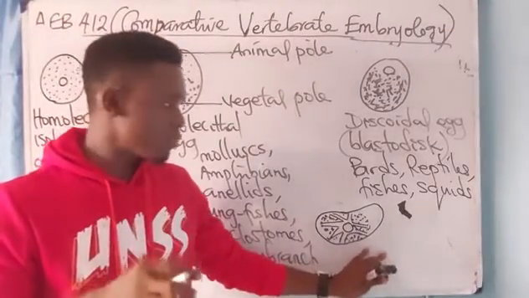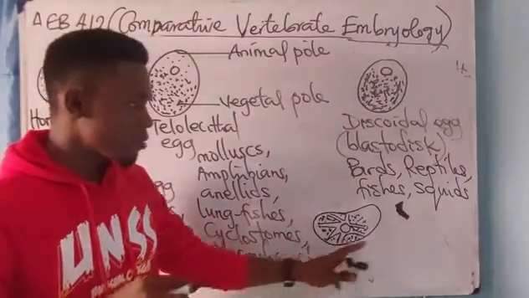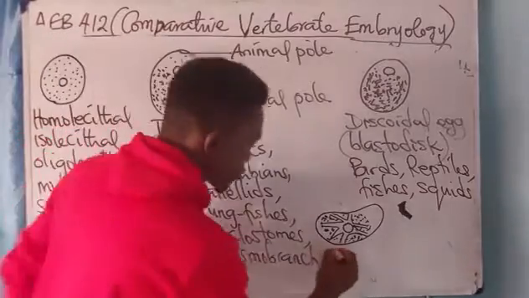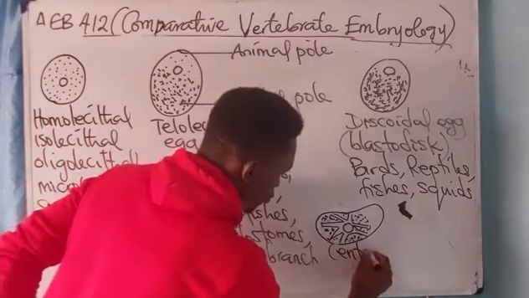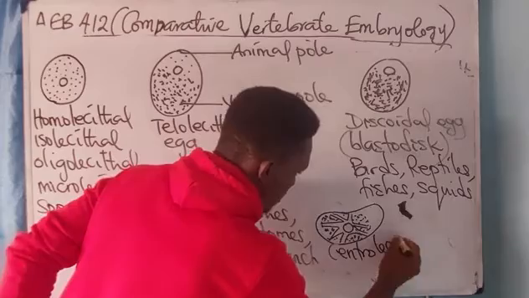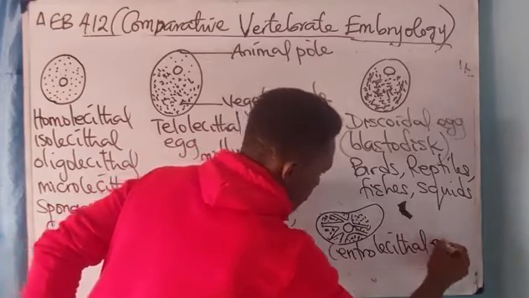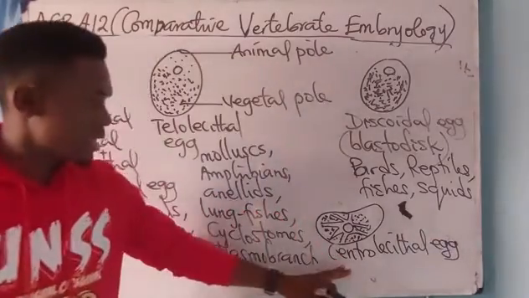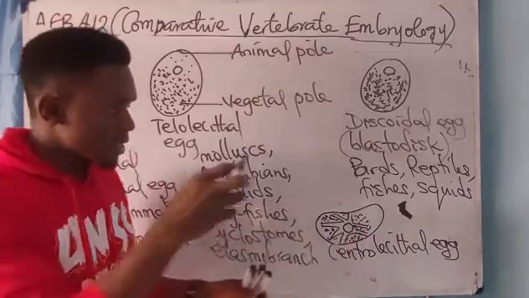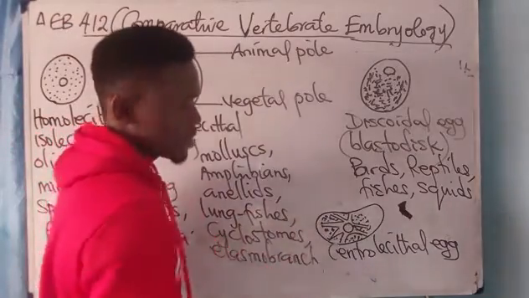The type of egg in which the yolk is found at the middle of the egg is called what? Centrolecital egg. Alright, since the yolks are just found at the middle of the egg.